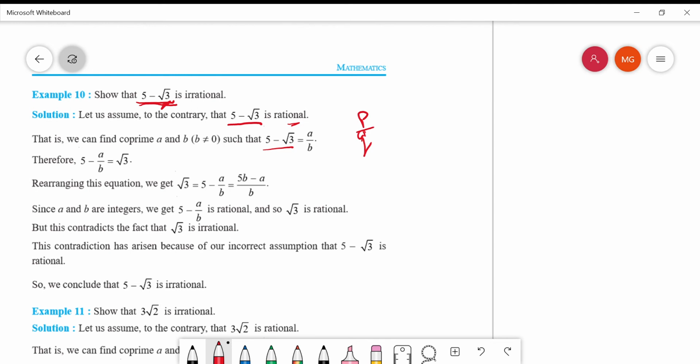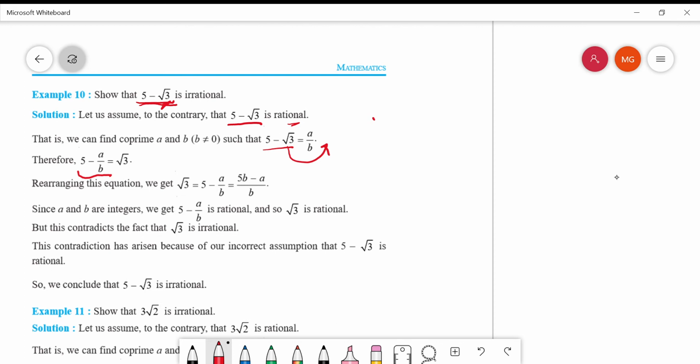Here we wrote it like a by b. Therefore, 5 minus a by b is equal to root 3. There is no problem in this. You have just shifted root 3 to the RHS and a by b to the LHS, so 5 minus a by b is equal to root 3.